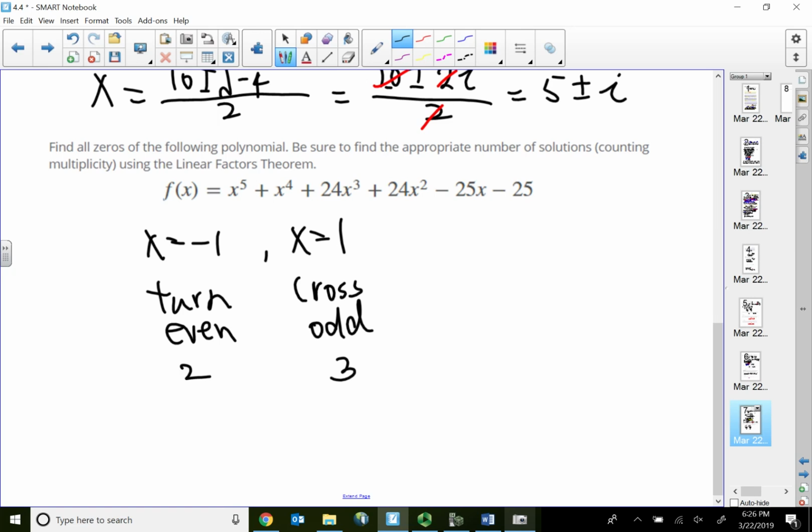But how do I know for sure? Okay, what can it be? 2 and 1, but that will only add up to be 3. So that makes me have 2 missing zeros.